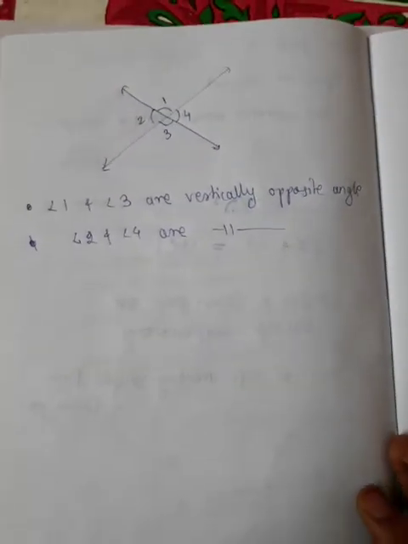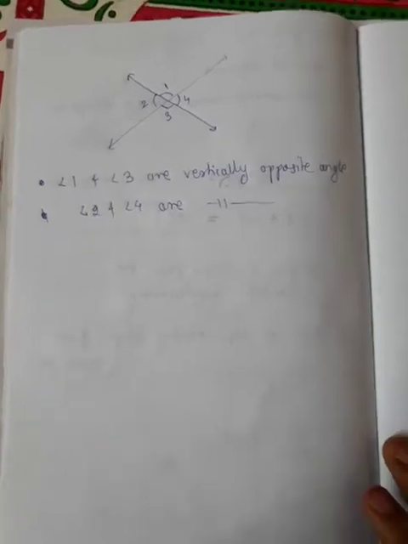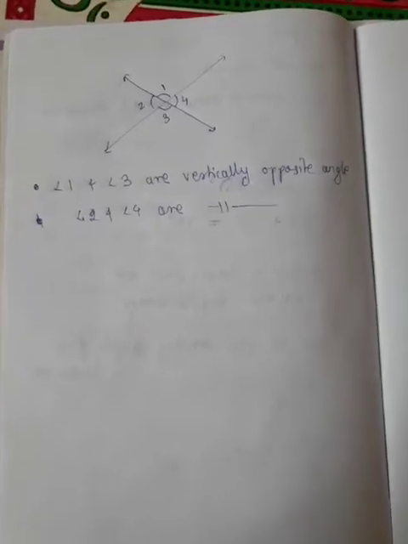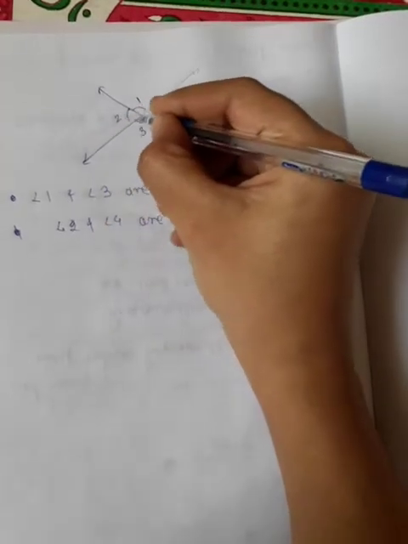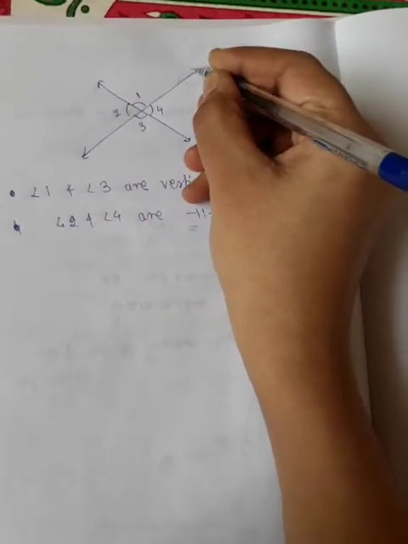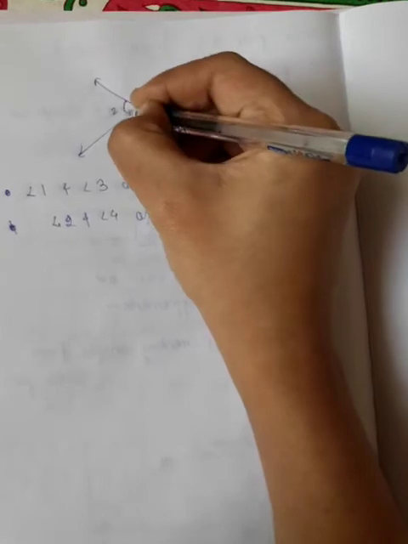Now we have to see the properties of vertically opposite angles. You observe here, this is a straight line, this is angle 1, this is angle 2.